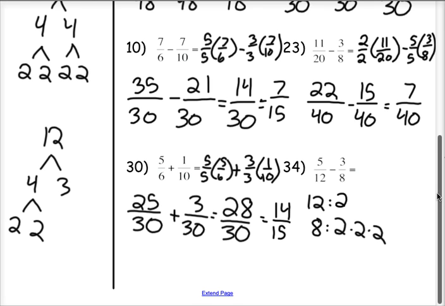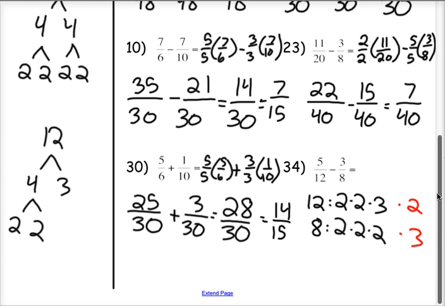So 12 is 2 times 2 times 3. So if we're looking at what is each one missing, well, the 12 is missing a 2 that the 8 has, and the 8 is missing a 3 that the 12 has.